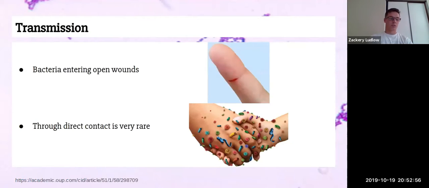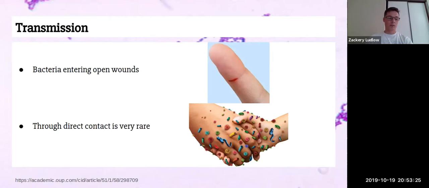And then transmission. Necrotizing fasciitis is primarily transmitted through bacteria entering a wound on the skin surface. These wounds can be from an insect bite, a cut, a burn, anything that allows bacteria to enter the body, basically. Both Streptococcus pyogenes and Staphylococcus aureus are frequently found as part of the body's microbiota.